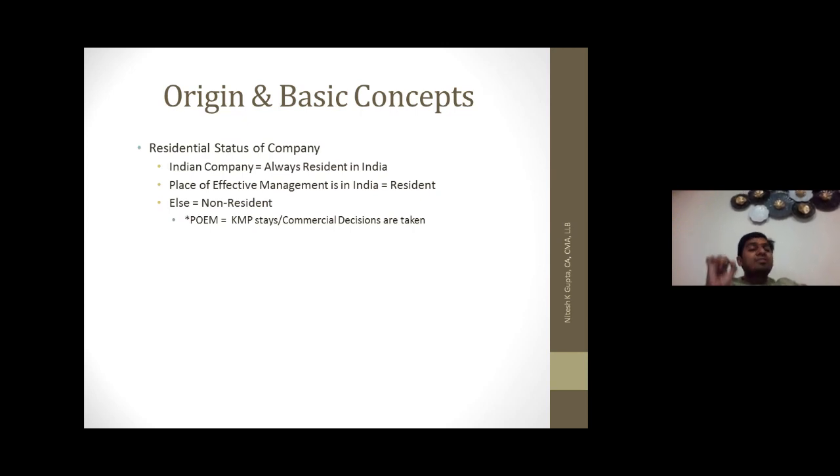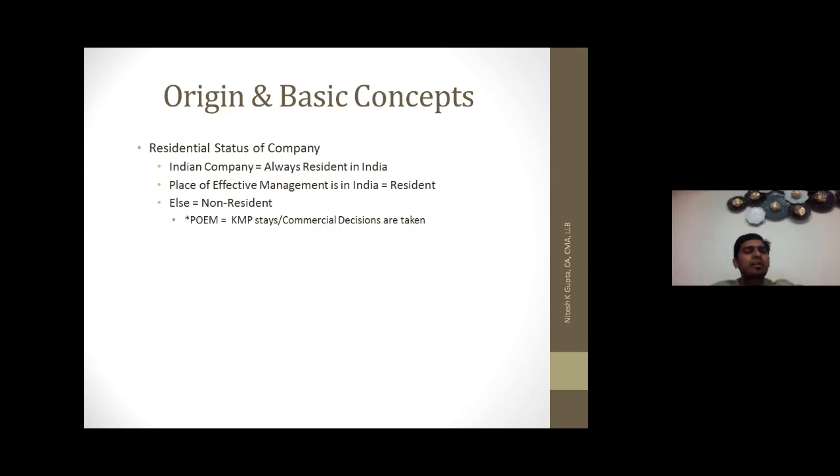Now, what is place of effective management? The key managerial persons stay in India. The directors of the company stay in India. All the commercial decisions of the company are taken in India. That means the place of effective management, POEM, is in India.